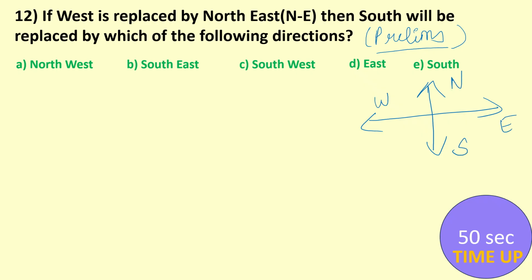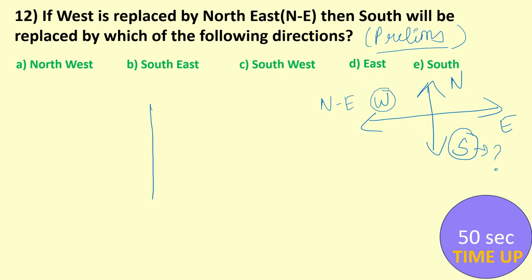This is our usual direction drawing, correct? Now what they have said in the question is that if in the west place it is northeast, then south will be considered as what direction.